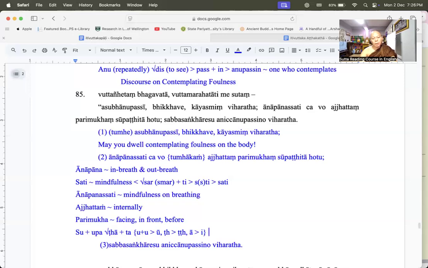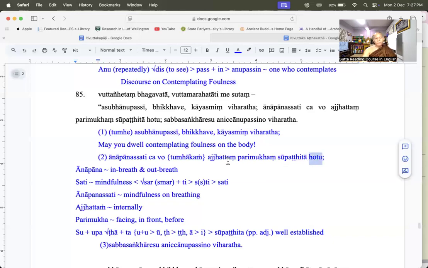So in this way, we have upaṭṭhita. Upaṭṭhita. That is a past participle adjective. So upaṭṭhita means established. So that one means were established. So upaṭṭhitā hotu. So hotu is verb to be.